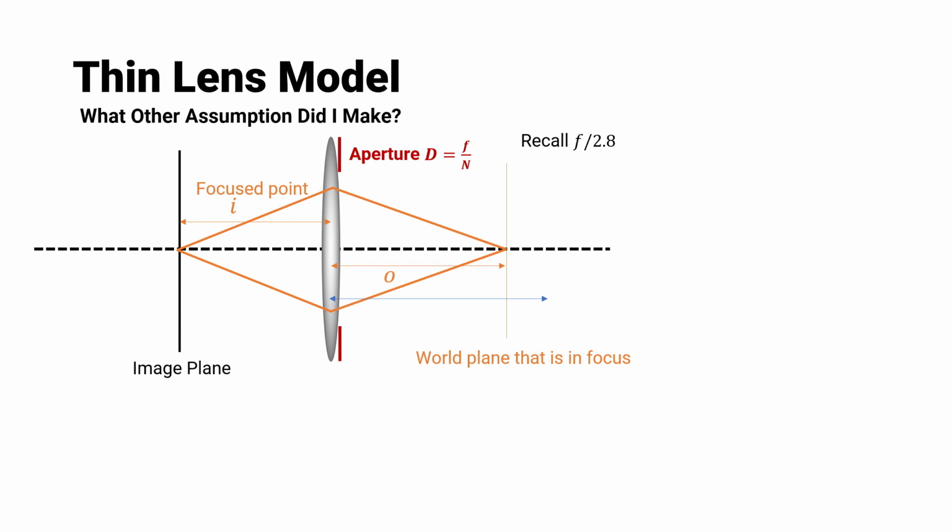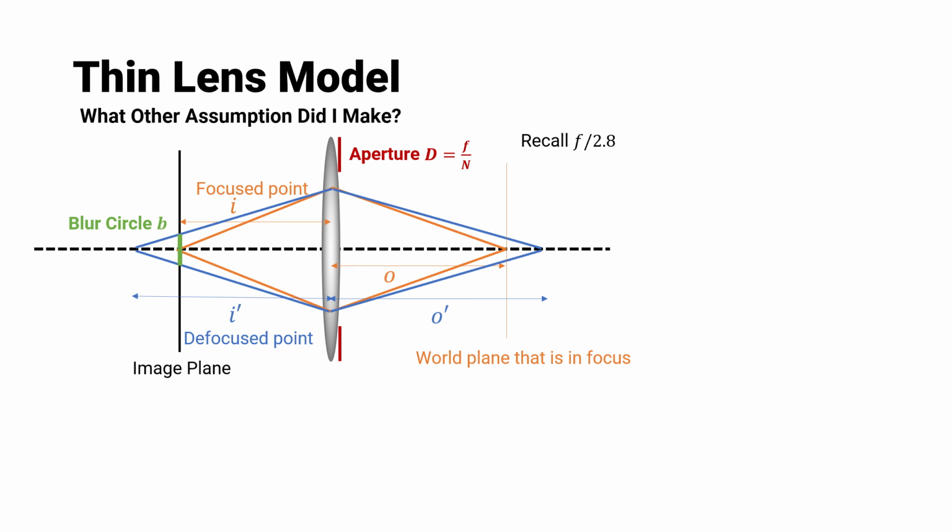Now what happens is, of course, when the plane is in focus, we have this thing in beautiful focus. But when you have a point which is outside the plane of focus, you will see that this becomes not a single point, but a circle on the image plane called the blur circle. Again, in this example, we are imaging a single point of light.